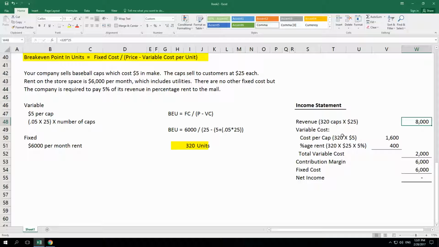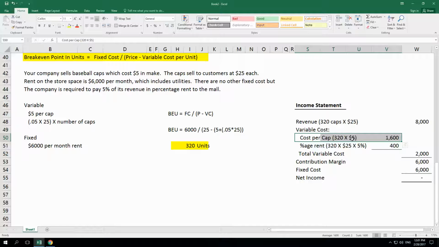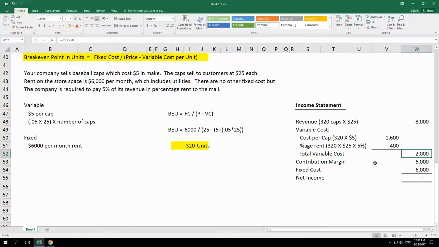Then we multiply 320 by the cost per cap of $5 and the percentage rent of 5%. For every cap, it's 5% of $25, which is why this works. 5% of 25 gives you 400. So that's a total of 2,000 in variable costs. The contribution margin, revenue minus variable cost, is 6,000. And if you subtract the fixed cost, you get nothing.